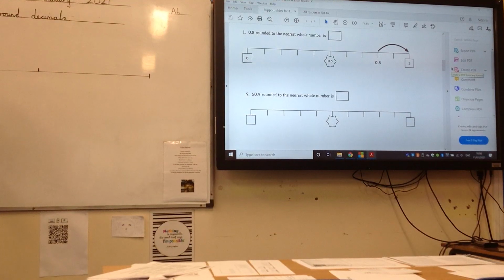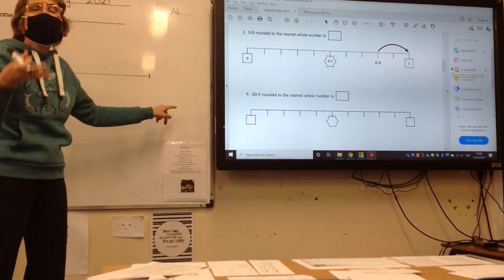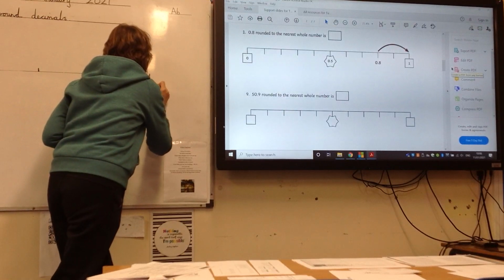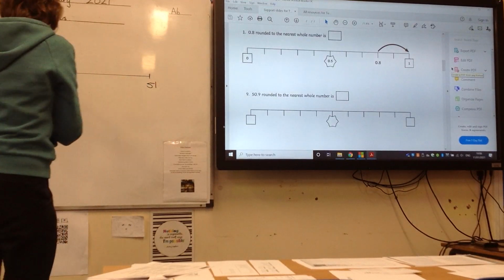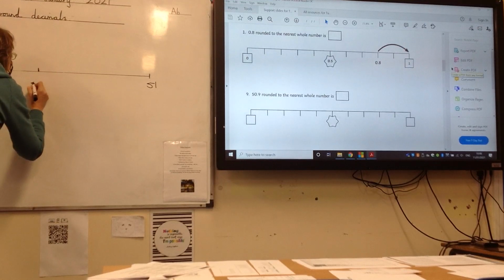Not 50 and 60, but you're all right with the 50. Make it a much smaller jump than that. In whole numbers, what comes after 50? 51. Good, yes. Okay, what would the halfway point be? 50.5. Good, well done.